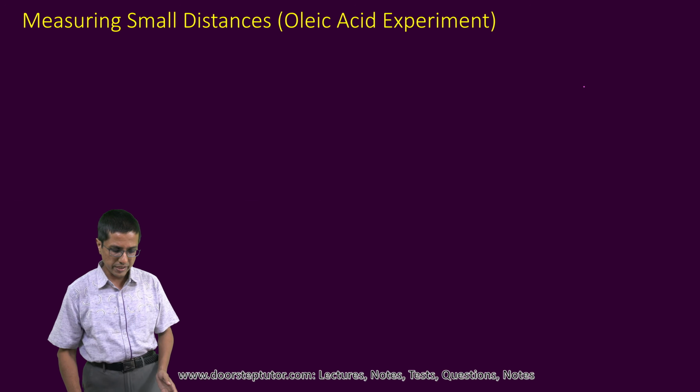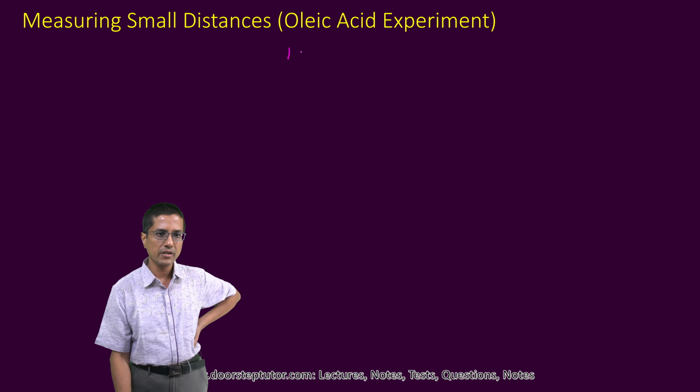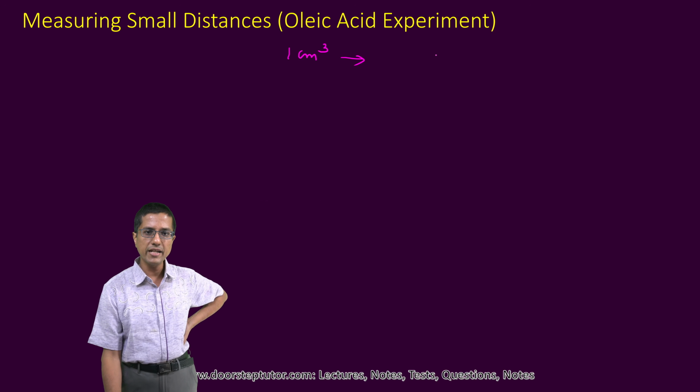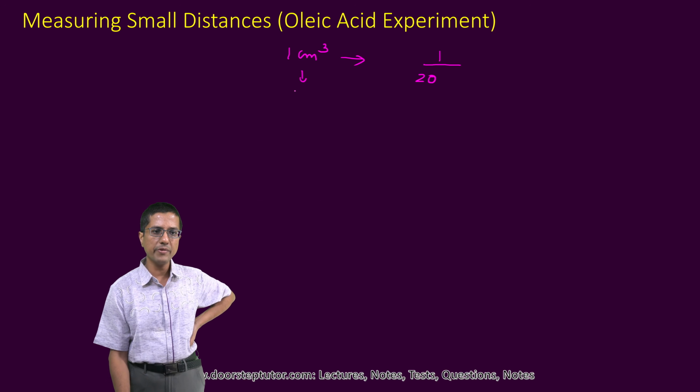In the book, what has been written is that we take 1 centimeter cube of oleic acid, but we dilute it twice. First I dilute it in such a way that I make this 1 centimeter cube to be 20 centimeter cube.